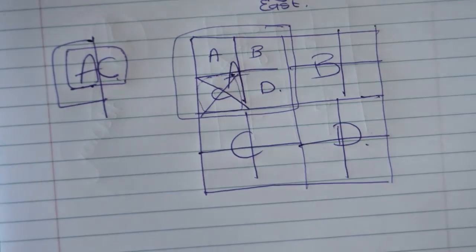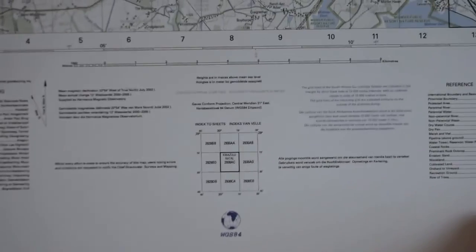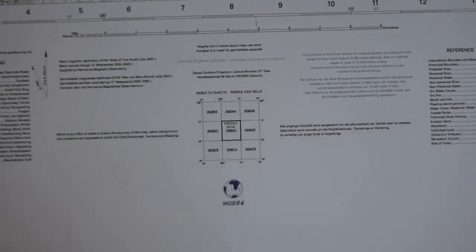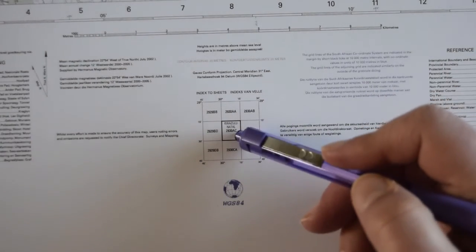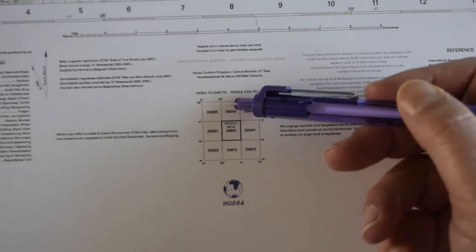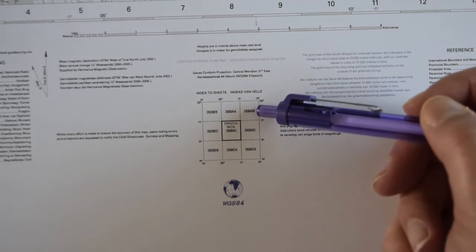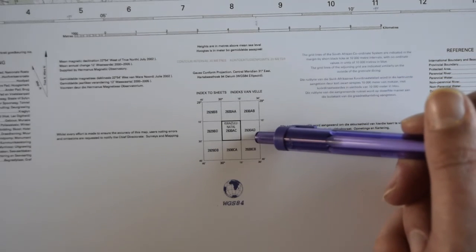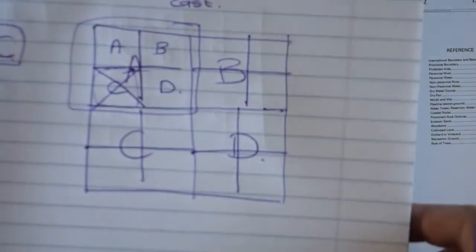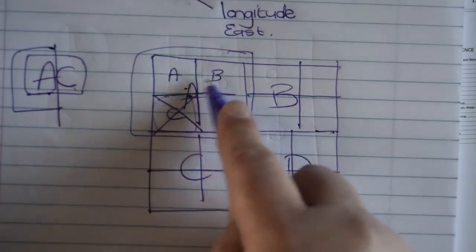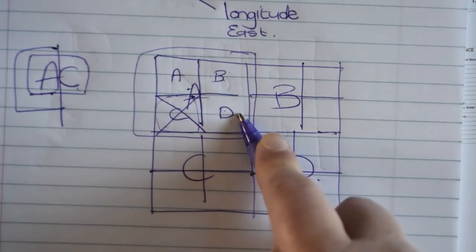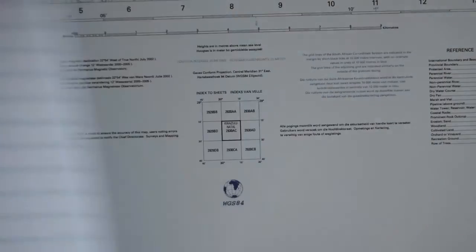So that is where it is coming from. If you look back to this one, you will see, if you take a closer look, if you go above, you have 2930 AA, 2930 AB, 2930 AC, and when you look at your drawing, you will see there's A, B, C, D. Okay, so it's just to give you an indication.